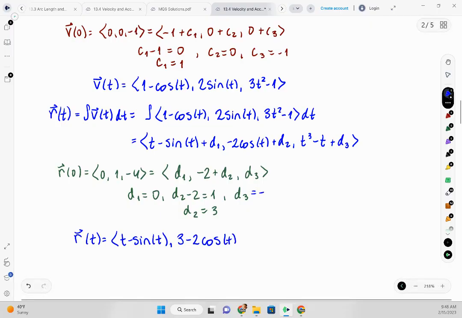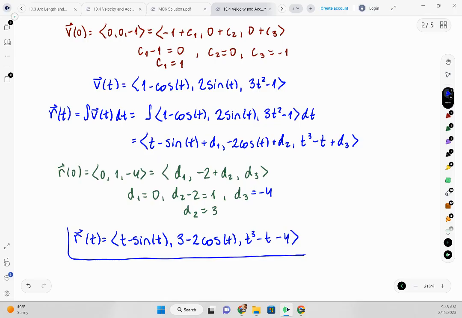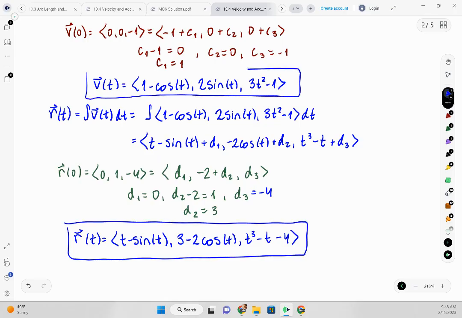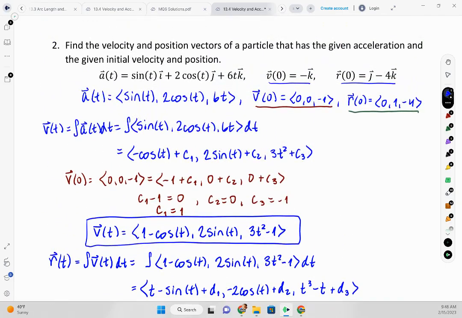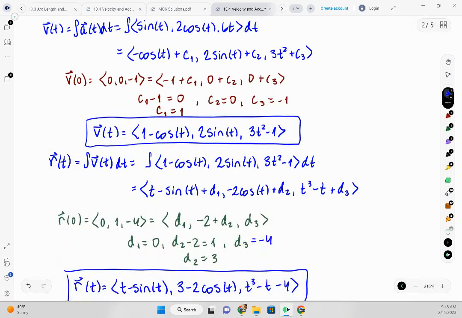I accidentally didn't put my equal sign there. So we're going to get t cubed minus t minus 4 for that component. So here is my position vector. Here is my velocity vector. Just to be sure that's all they wanted. Yep, velocity and position. That's it.